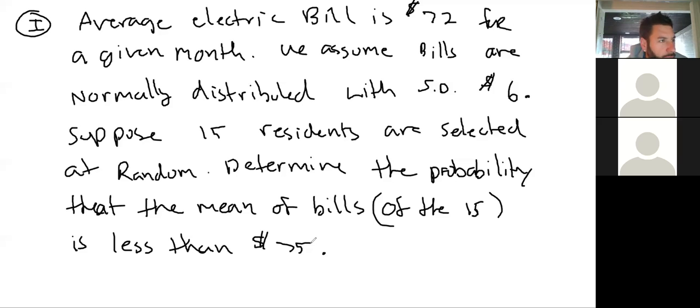Notice we say 15 residents are selected. So right there, when we see 15 residents are selected, what that should tell us is that we're trying to gain information about a sample of something. If you look at the previous homework when we did problems that sounded similar to this, we didn't say this group or this sample.